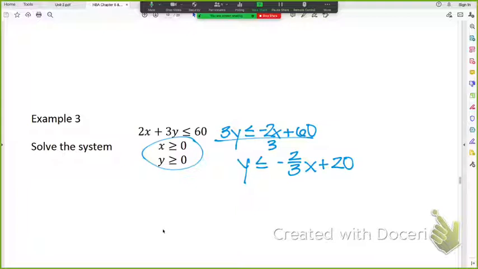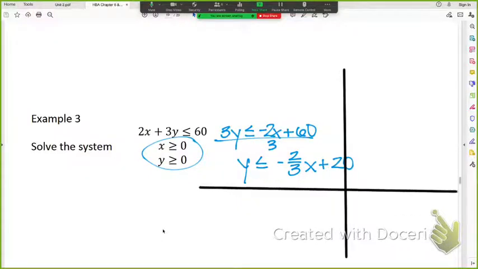Flip the sign. Flip the sign backwards, right? Now, this one is not super nice as far as graphing because of the y-intercept at 20. But you can always count by 2s if you need to. I'll count by tens. Count by 10s.